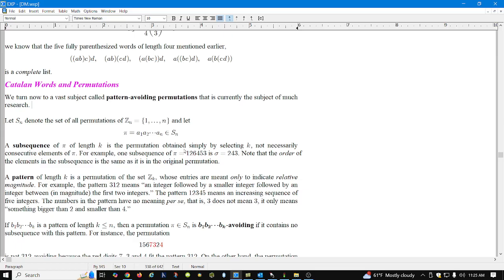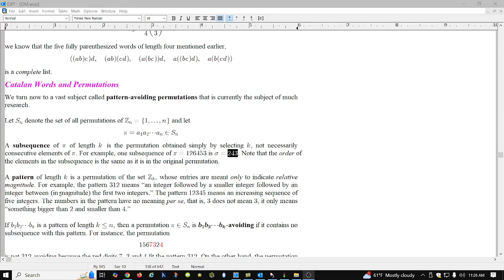So for example, this permutation 1, 2, 6, 4, 5, 3, if I pull out 2, 4, and 3, I will get this subsequence. The order of the elements in the subsequence is the same as it is in the original permutation, and that's important.